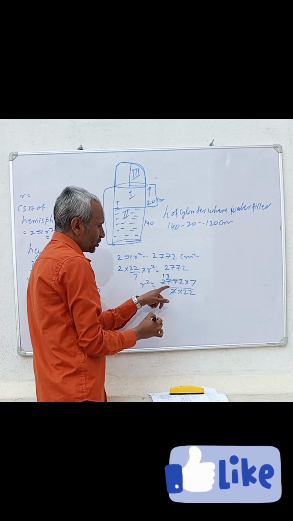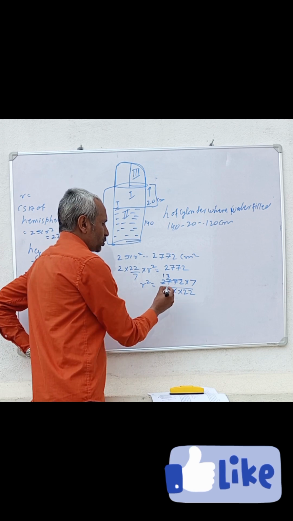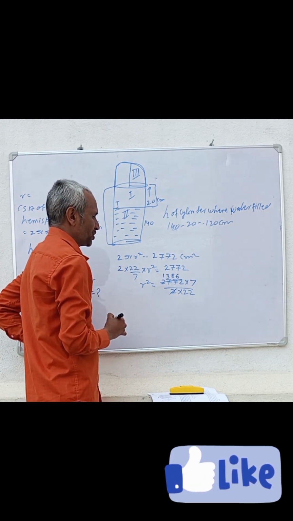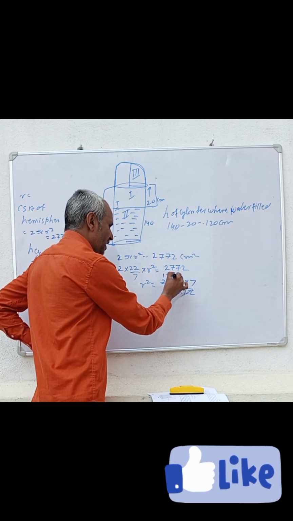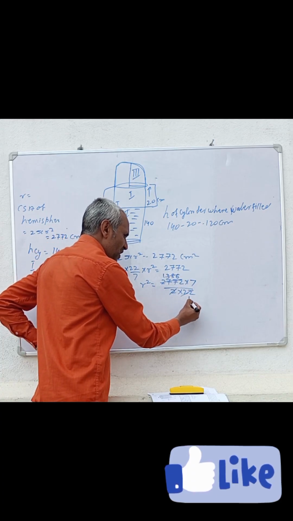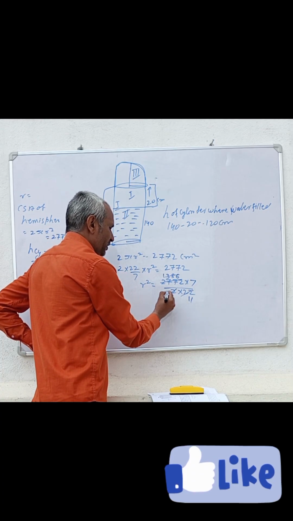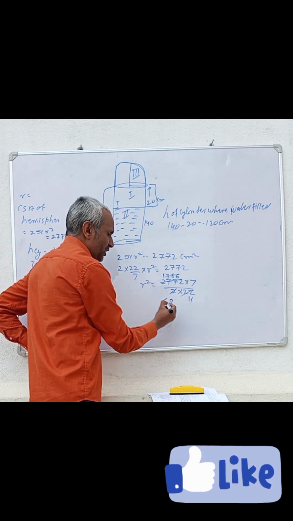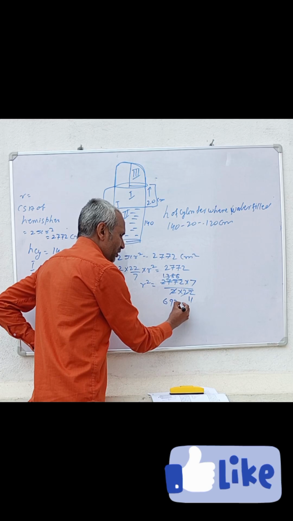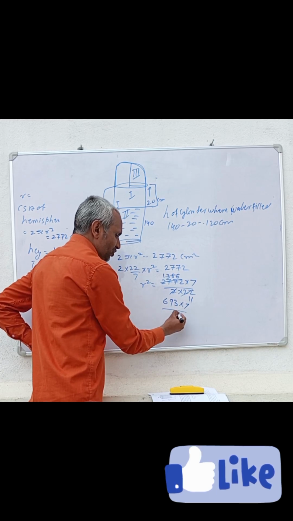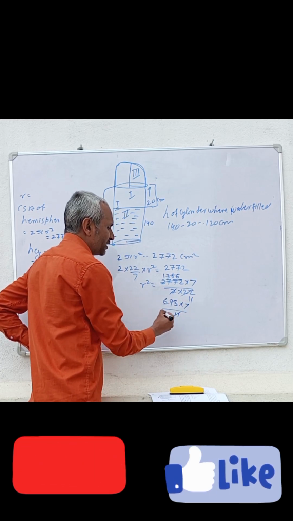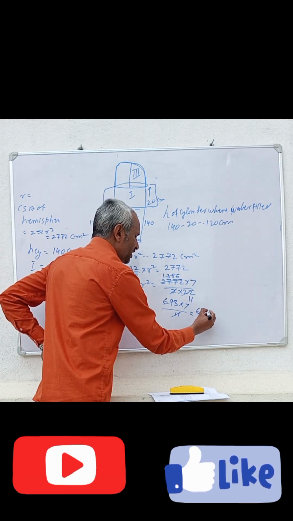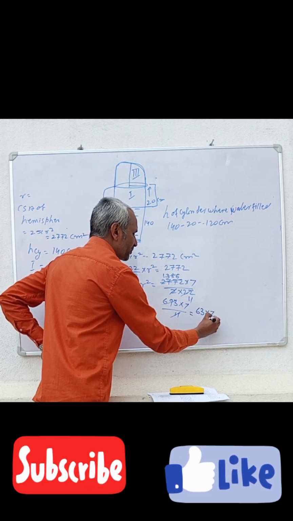Then cancel again by 11 and by 2. Then it becomes 63 into 7 by 11. We cancel by 11: 11 sixes are 66, 11 threes are 33. This is equal to 63 into 7.